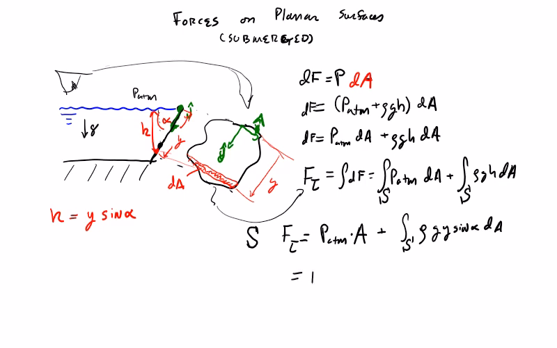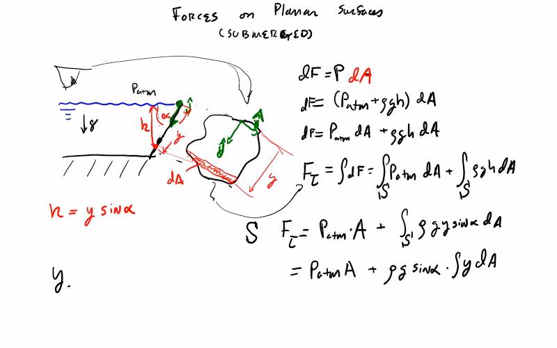This is equivalent to P_atm times A plus rho g sine alpha times the integral of y dA. Now, if I have an arbitrary shape, like this one up here, I can say that y of its centroid is equal to 1 over A times the integral over the surface of y dA.